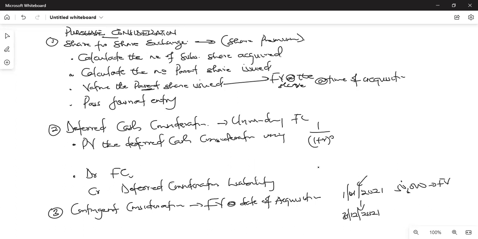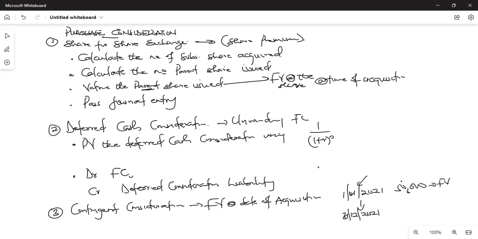If it is a loan, then it becomes a financial instrument, so we will account for it under IFRS 9, financial instruments. However, if it is a cash contingent consideration that has been promised, then we will account for it under IAS 37. The key thing is that we will not remeasure the equity instrument.